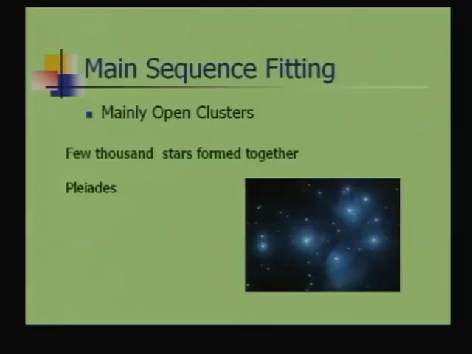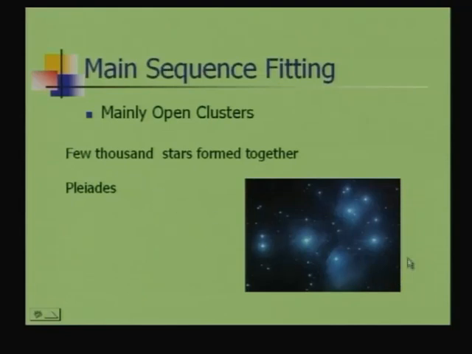These globular clusters are very dense in the center and look more or less like globules, with of the order of 1,000,000 stars. Open clusters are different. This picture shows you the Pleiades open cluster. It is a loose collection of stars in the sky, not so dense like the globular cluster, and it has of the order of a few thousand stars.